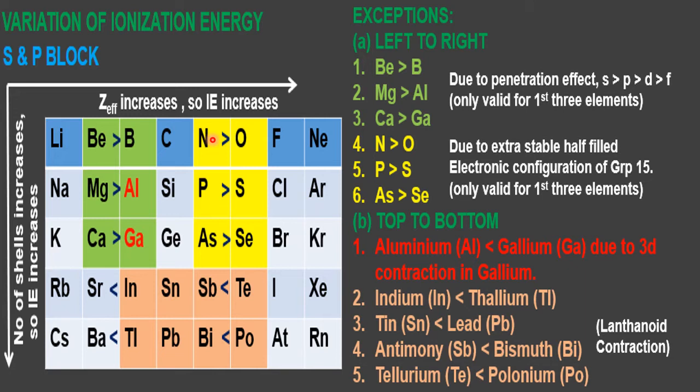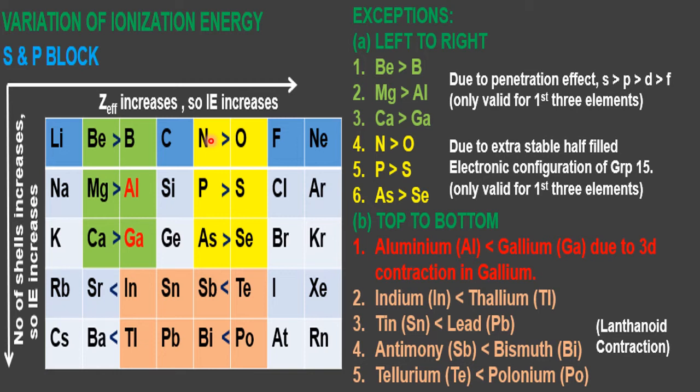Here the trend affecting this pair is that nitrogen is 1s2 2s2 2p3, whereas oxygen is 1s2 2s2 2p4. Nitrogen's 2p3 is half filled, and half filled is more stable than the normal electronic configuration. Because it has extra stability, it is very difficult to remove the electron.